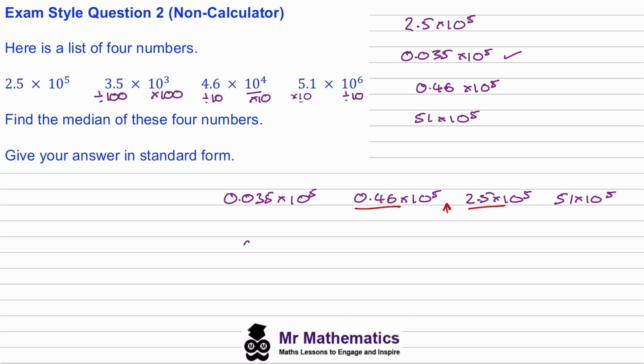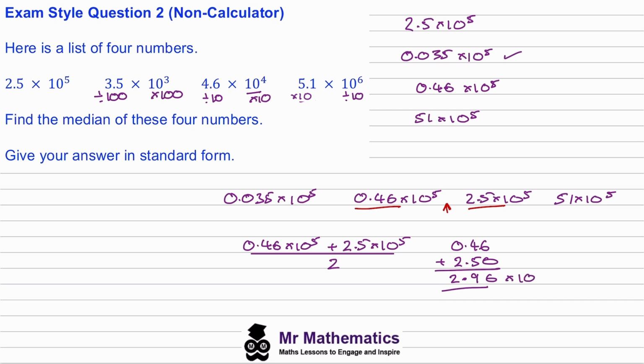So we need to work out 0.46 times 10 to the 5 plus the 2.5 times 10 to the 5, and then we'll divide that by 2. So the 0.46 plus the 2.5, we'll have the 6, the 9, and the 2, times 10 to the 5.